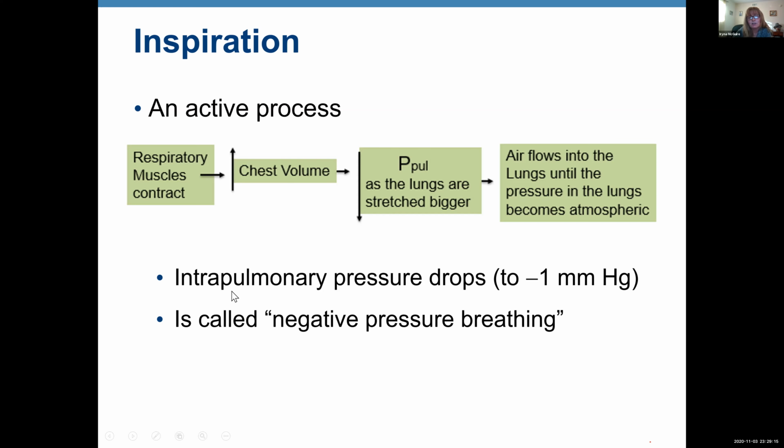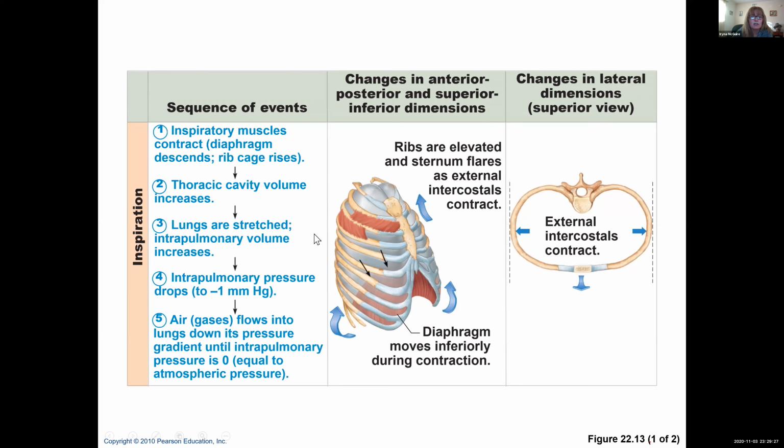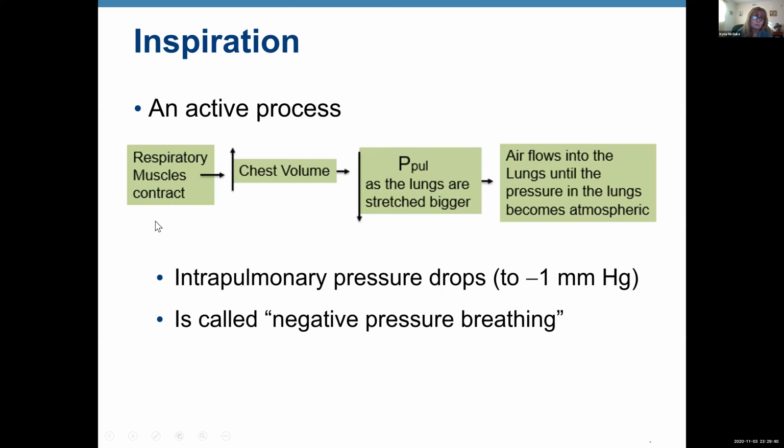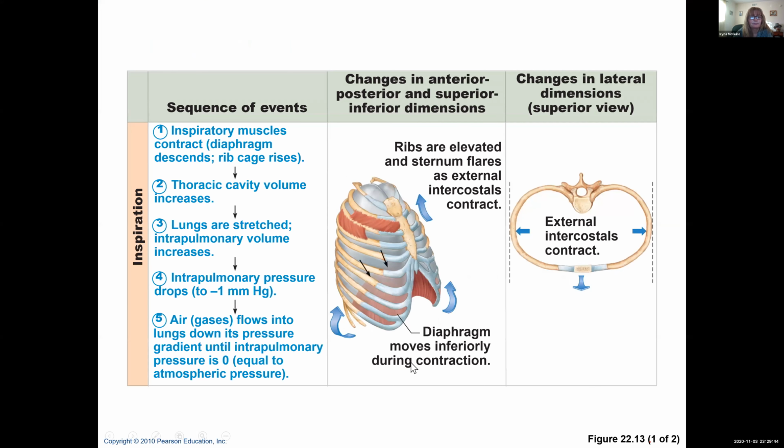It says intrapulmonary or pulmonary pressure drops to -1 millimeter of mercury, which means it's 1 millimeter less than atmospheric pressure. Over here you can see more details, but it tells you exactly the same, just repeating what we just discussed.